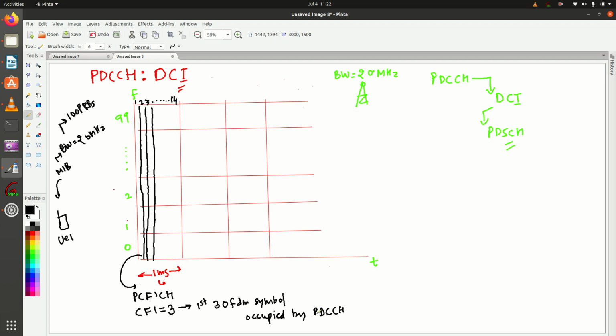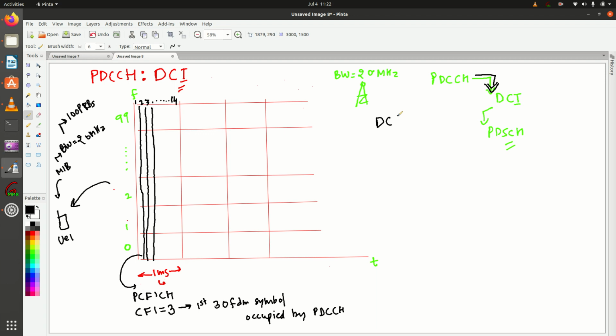In those 100 PRBs it has to find the PCFICH and the location of PDCCH. Now the UE has decoded the PDCCH, and as you know, after decoding it will find the DCI. Now DCI stands for downlink control information.